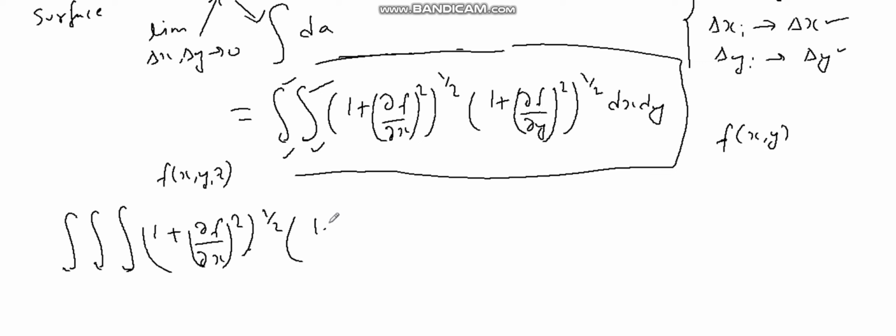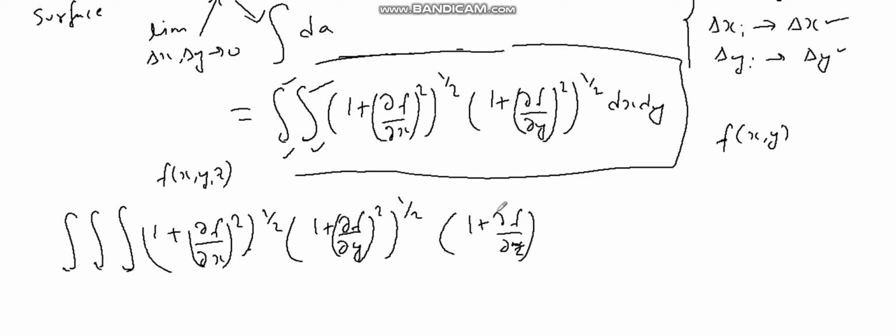To the power 1 by 2, 1 plus del f by del y whole square to the power 1 by 2, 1 plus del f by del z whole square to the power 1 by 2, and dx, dy, and dz. And we can always put the upper and lower limits of all these three variables, right?